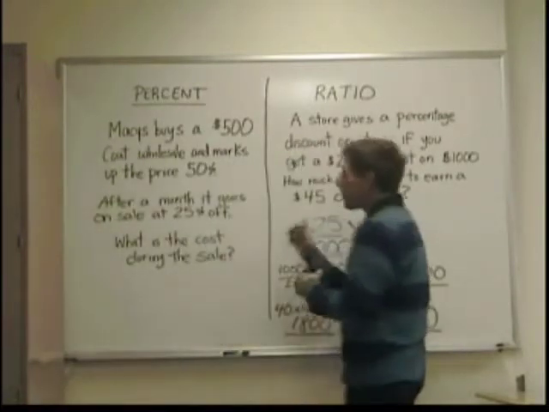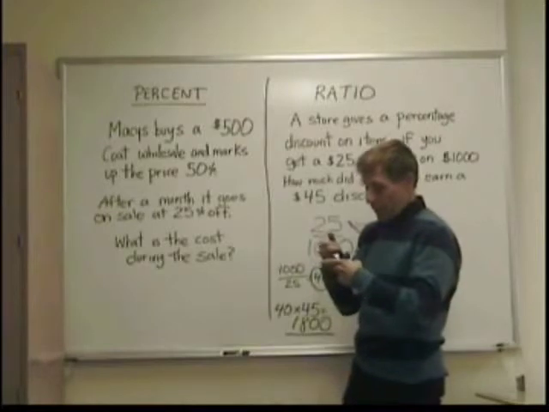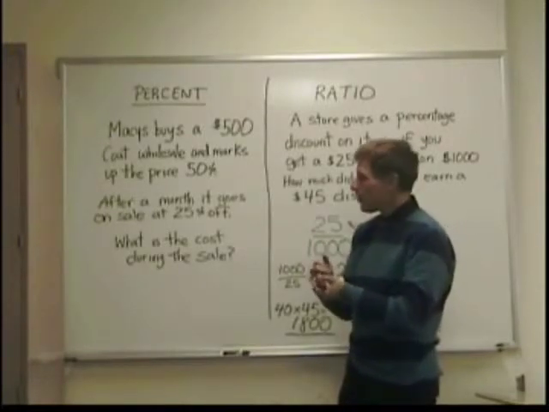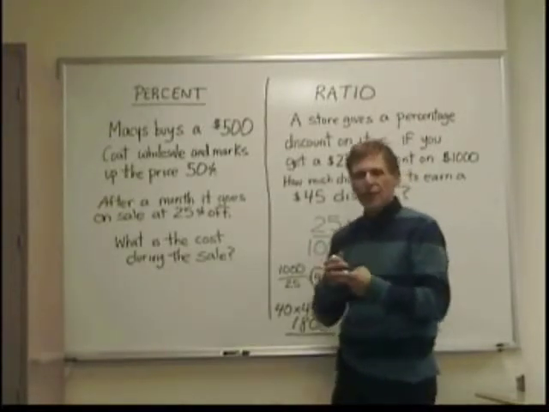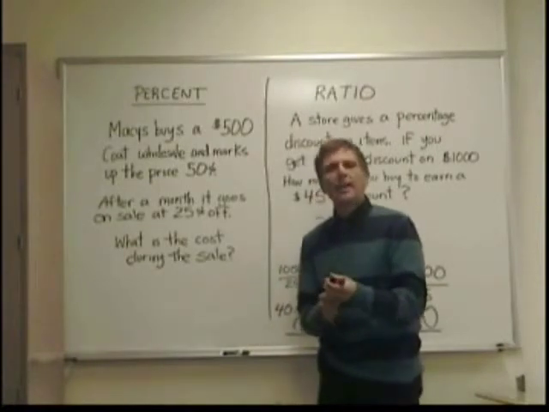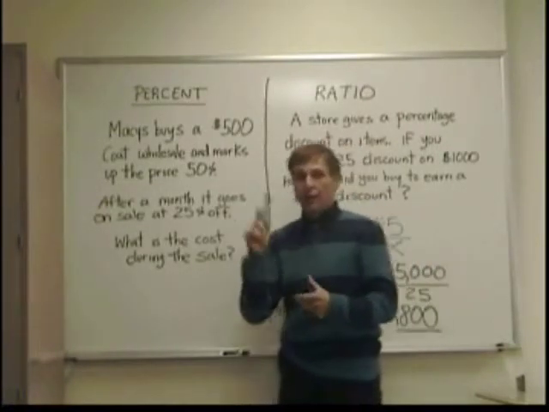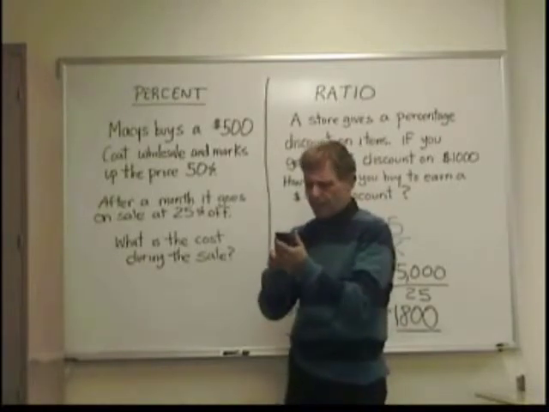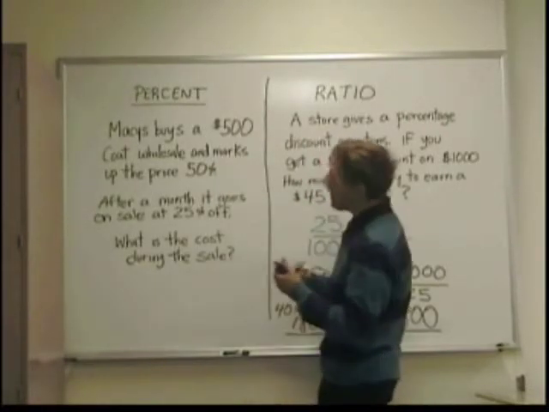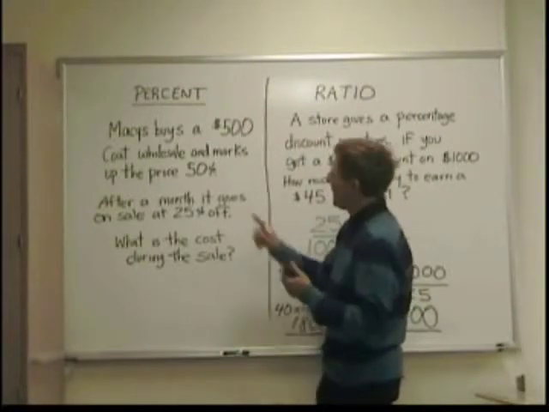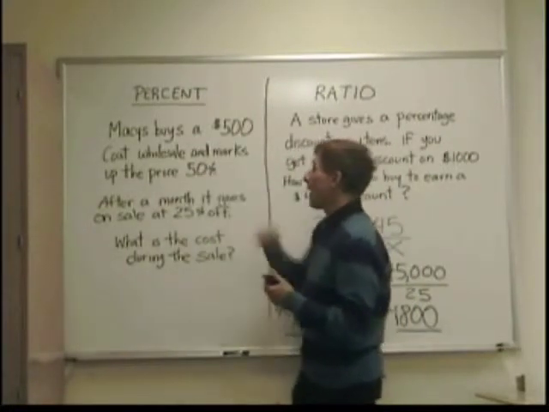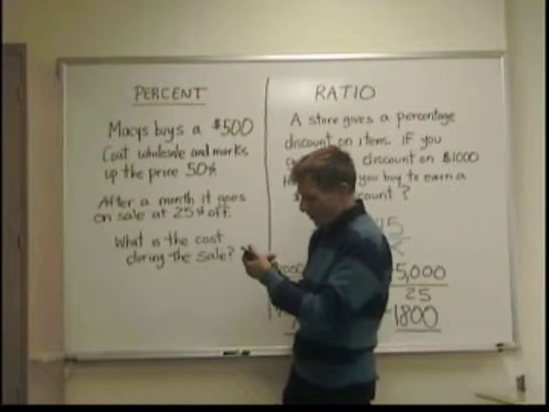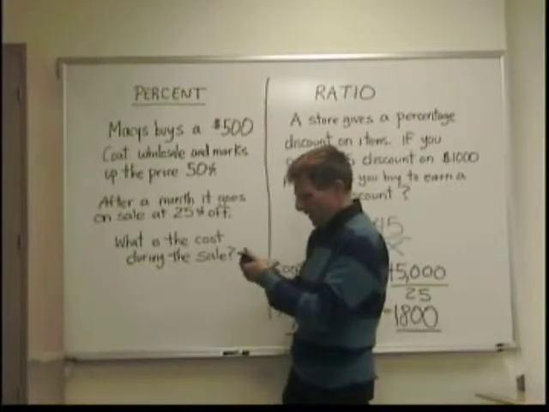Now, here's a question that involves percent, and it's a two-part question. It uses the word markup, and markup is when a store adds to the cost. Whatever they pay for it, they add to it when they sell it to you. So Macy's buys a coat, wholesale at $500, and marks the price up by 50%.